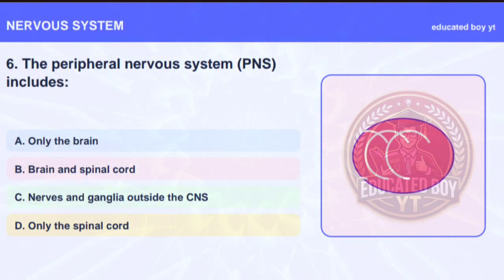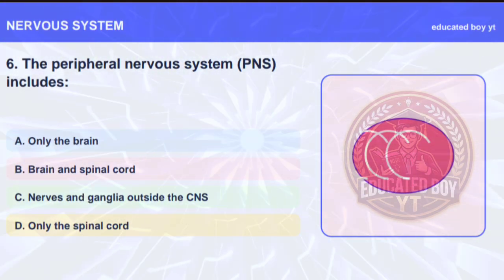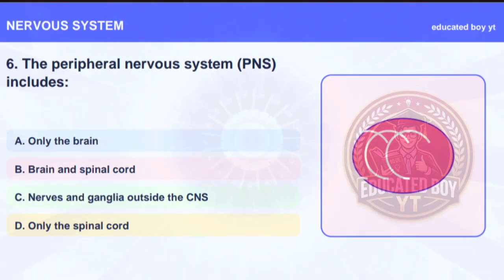Question number 6. The peripheral nervous system (PNS) includes: option A, only the brain; option B, brain and spinal cord; option C, nerves and ganglia outside the CNS; option D, only the spinal cord.